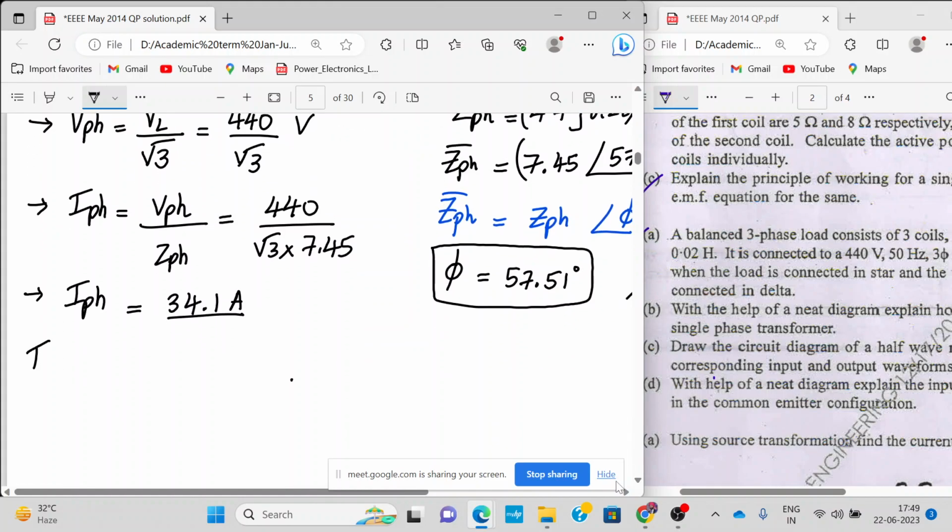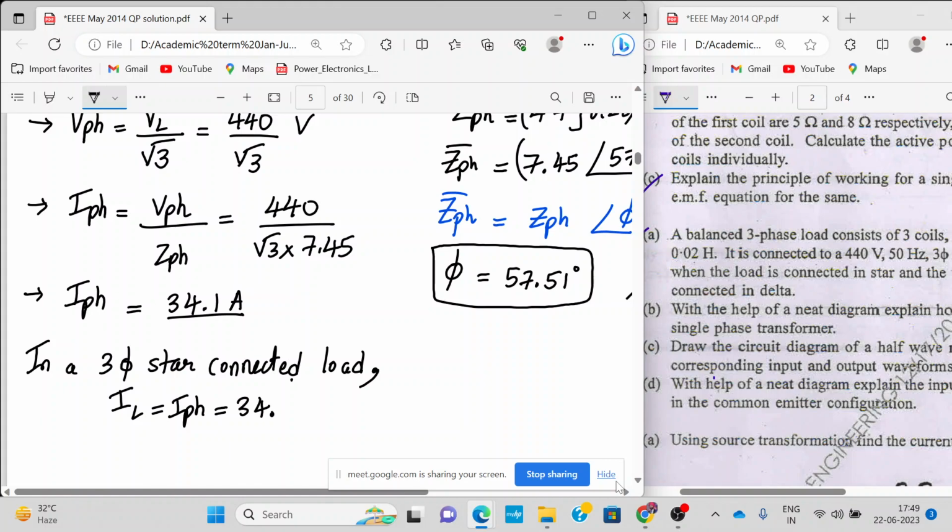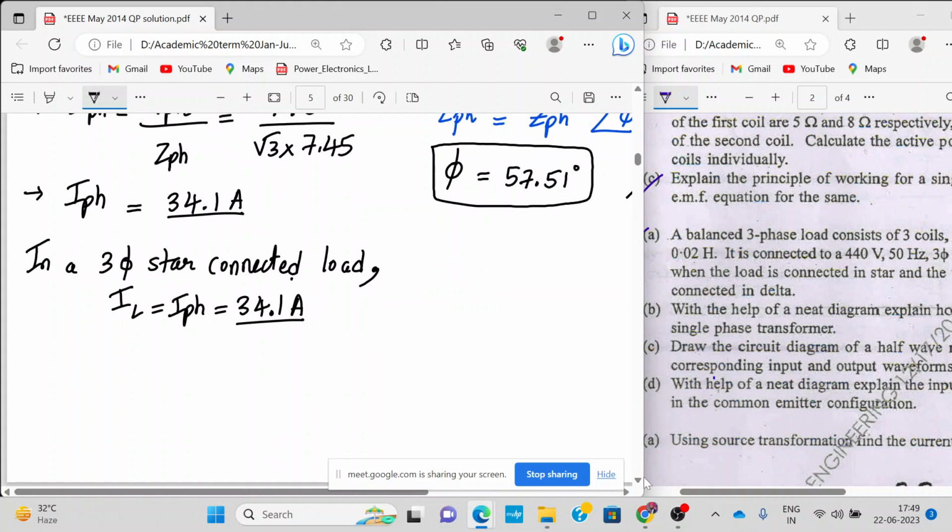Alright. And in a three phase star connected load, your line current is equal to your phase current, that is 34.1 ampere.